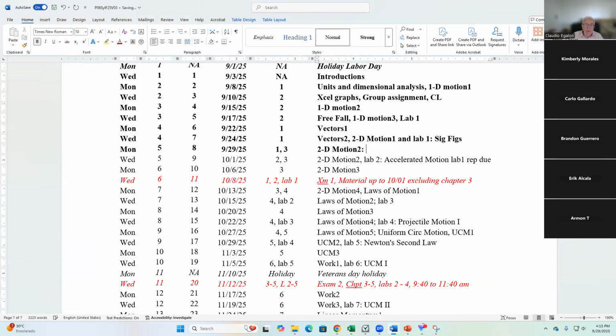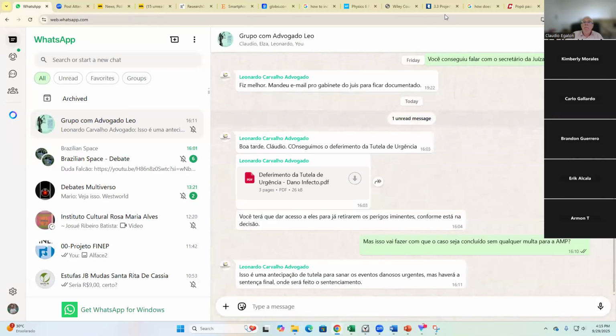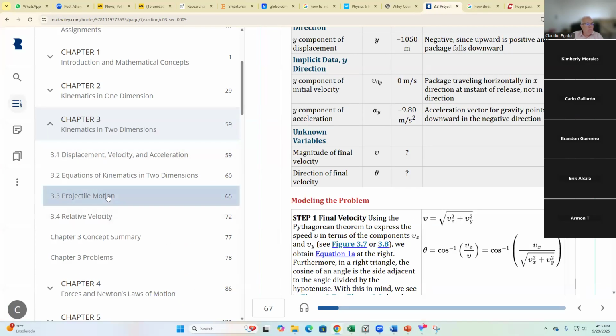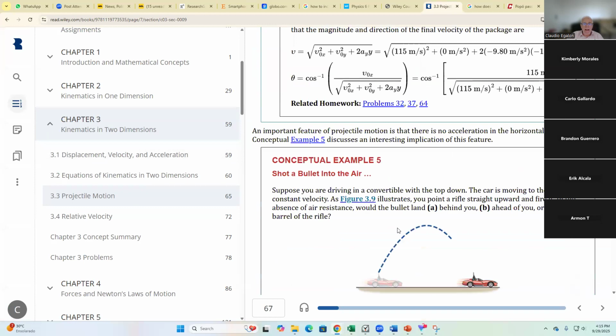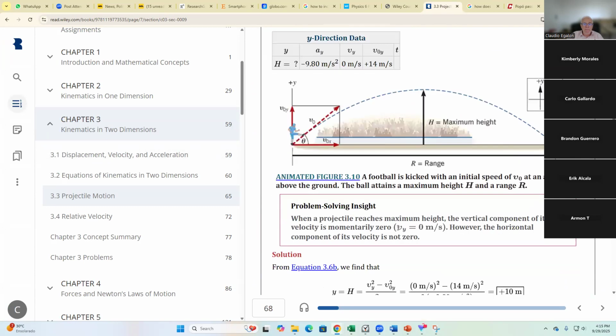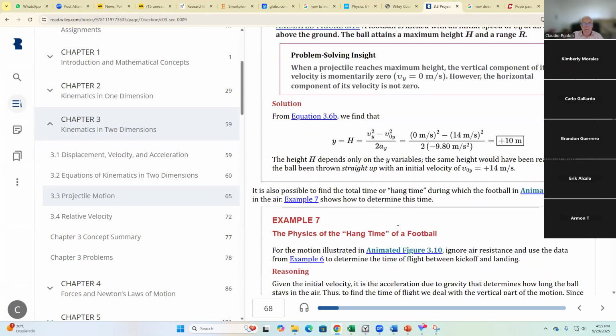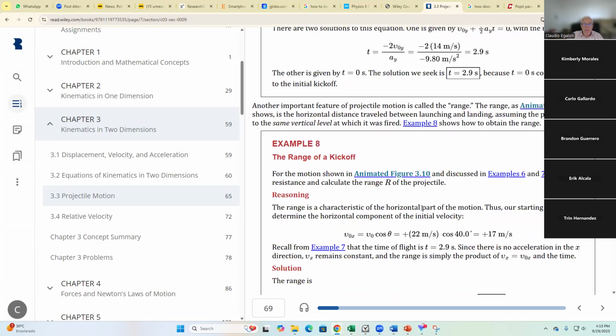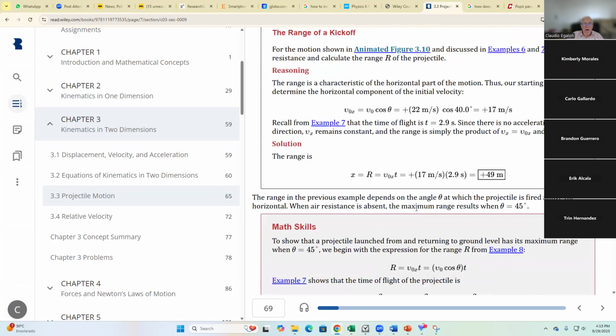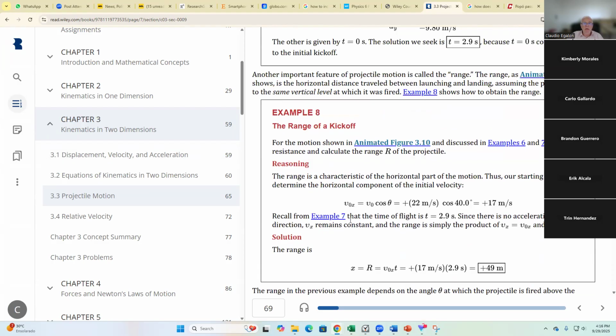Let's take a look at the range of a kickoff.